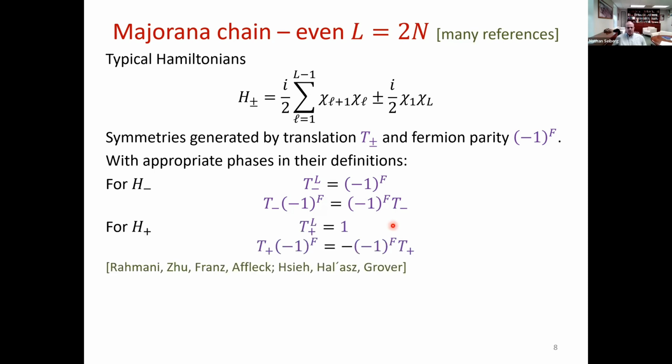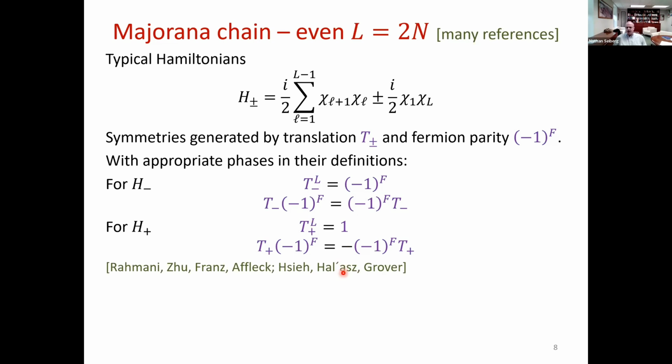For H plus, it's a little bit more interesting. First of all, T to the L is 1 because we have periodic boundary conditions. As we go around the chain, we come back to where we started. This is the meaning of this equation. More interesting, as pointed out by these authors, we have a minus sign here.